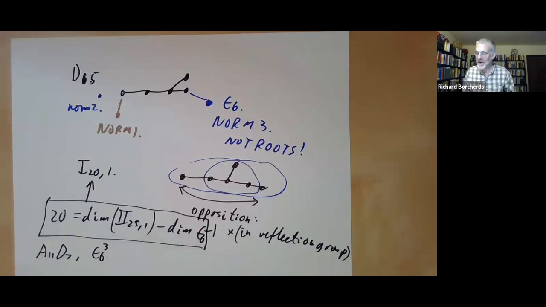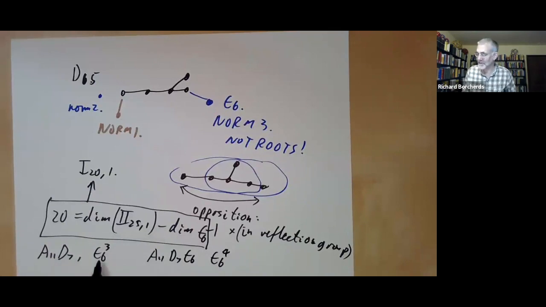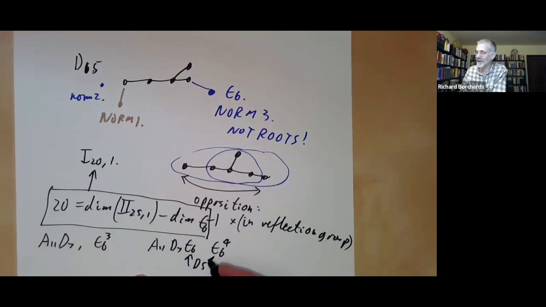Now, there are two Niemeier lattices with root system E6 as part of their Dynkin diagram, which are A11, D7, E6, and E6 to the 4. Vinberg's two lattices come from taking a Niemeier lattice with an E6 component, then taking a D5 in this E6 component and taking its orthogonal complement, and that gives you one of these lattices used by Vinberg.